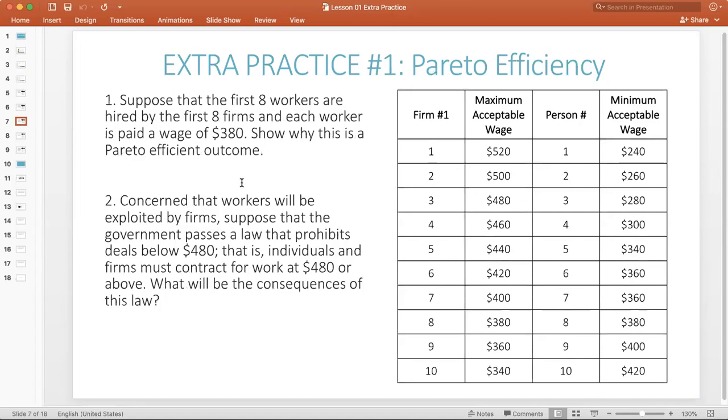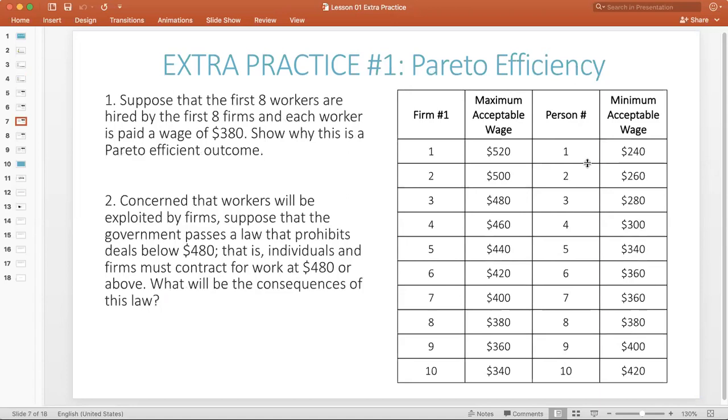Then number 2 says, concerned that workers will be exploited by firms, suppose that the government passes a law that prohibits deals below $480. That is, individuals and firms must contract for work at $480 or above. What will be the consequences of this law? We see that they would only allow firms 1 through 3 to hire, but also all the workers would be willing to work since their minimum acceptable wage is below $480.